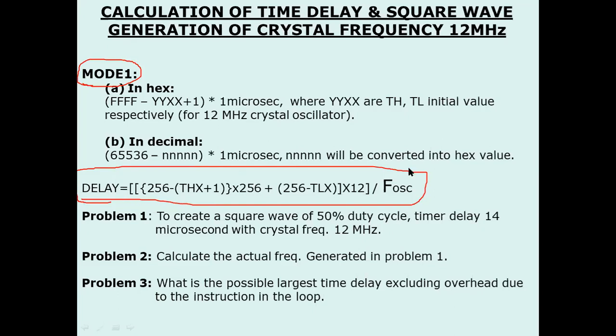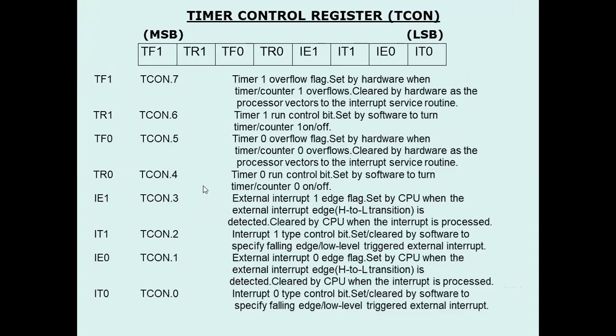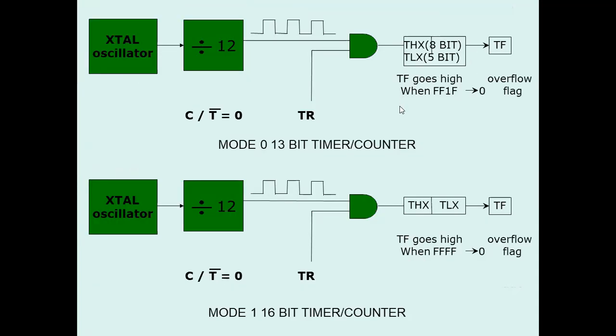So let us again tell that in the mode 1, we are going back. Mode 1 means 16-bit timer or counter mode. In this 16-bit mode, the maximum count is FFFFH.